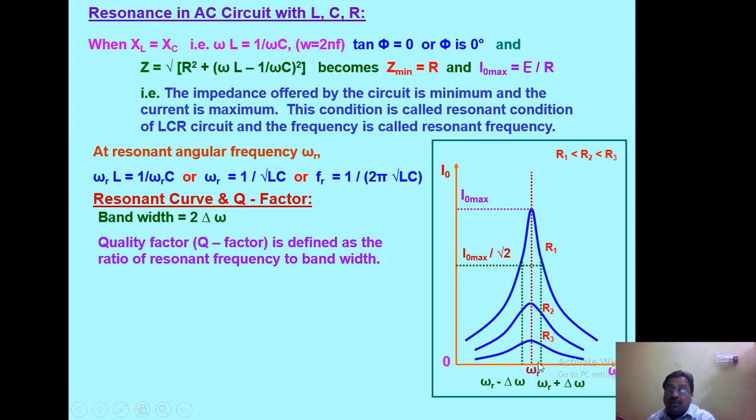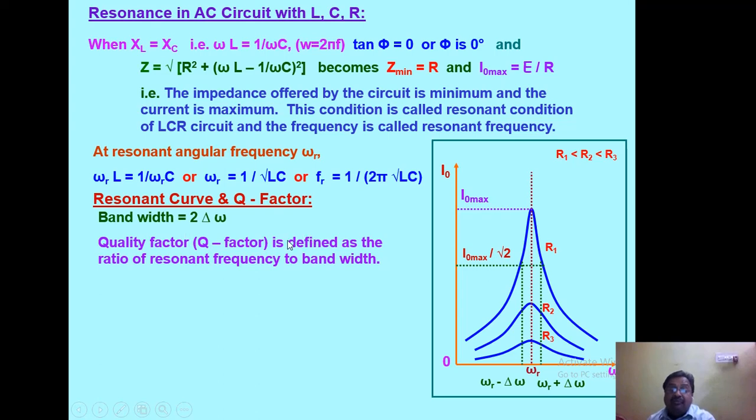Here also it is del omega. So the separation is 2 del omega. One sideband frequency is omega r minus del omega, the other is omega r plus del omega, but both correspond to the same value of current, I0 by root 2. This 2 del omega is called the bandwidth.